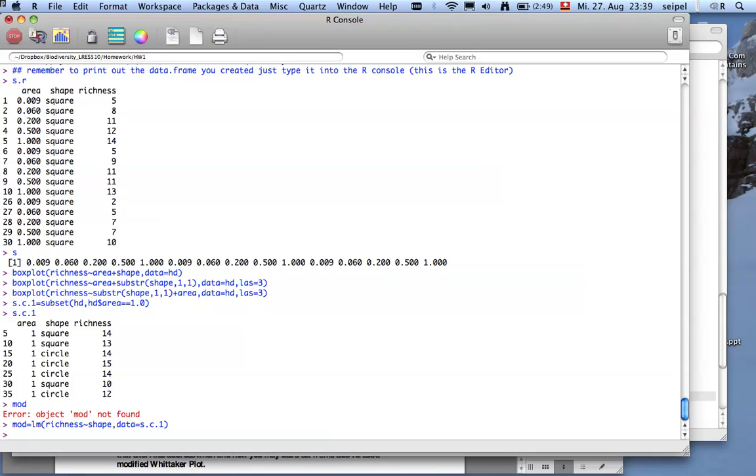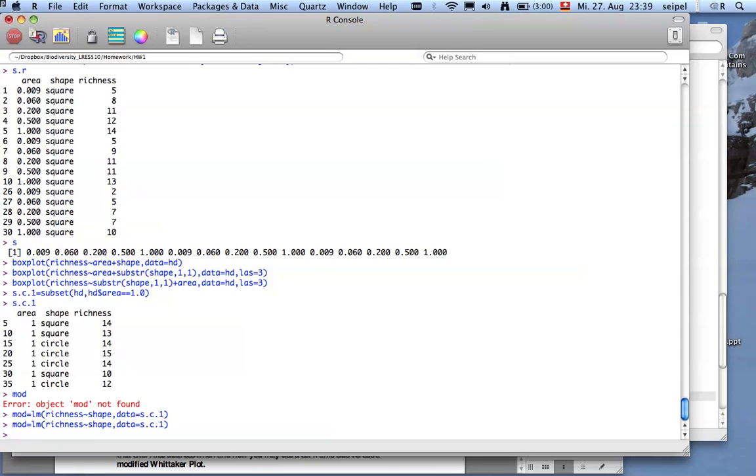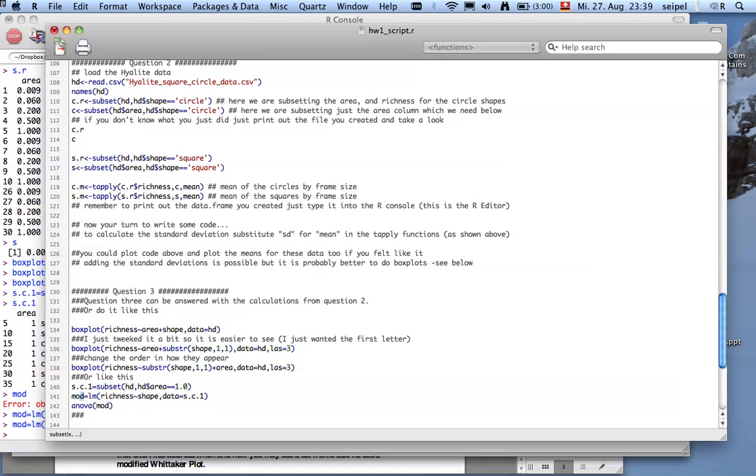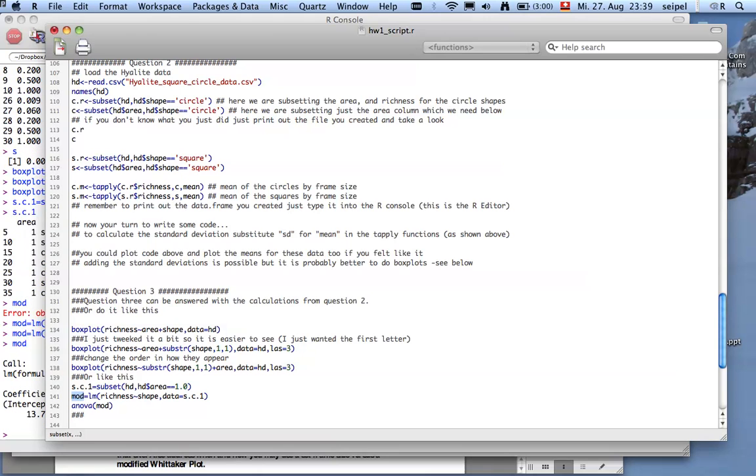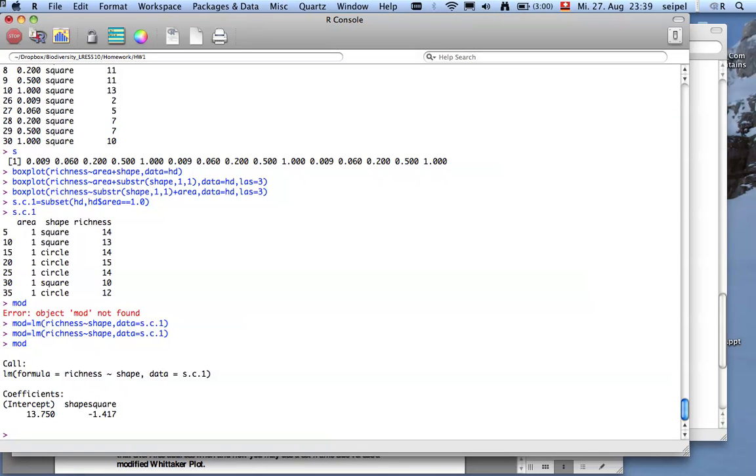So here we go. I called up object model. The first time I accidentally didn't give it the whole command line, so I got an error, but the second time it ran fine. Just see it again. And now I have this linear model of the relationship between richness in response to circles and squares.